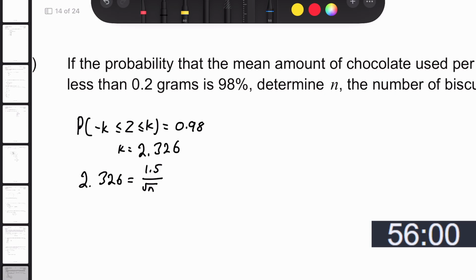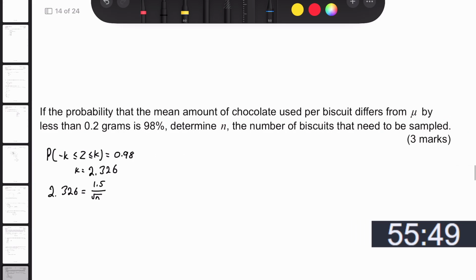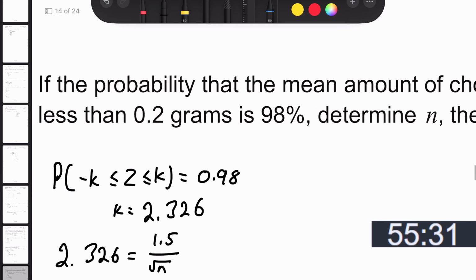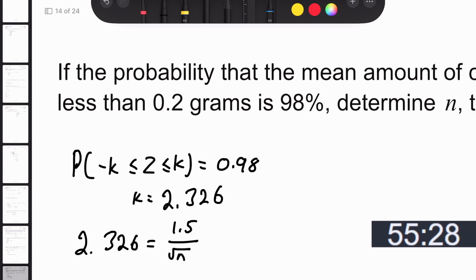That's it. This isn't going to give me a proper answer. Less than 98%, determine n, the number of biscuits that need to be sampled. Less than 0.2 grams.